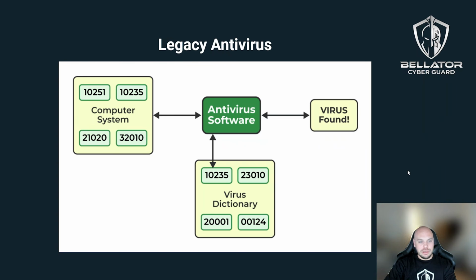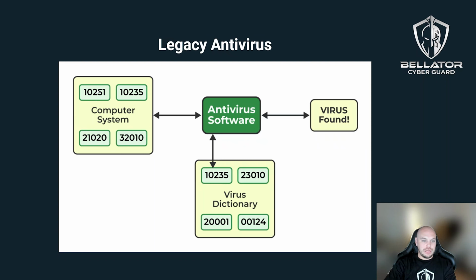We have a couple images that give a good idea of how these two things work. So with legacy antivirus, you can see on the left here, you have the computer system. There's these 4 different signatures, let's say 10251, 10235, and then you can see in the virus dictionary what signatures are included in that virus dictionary.